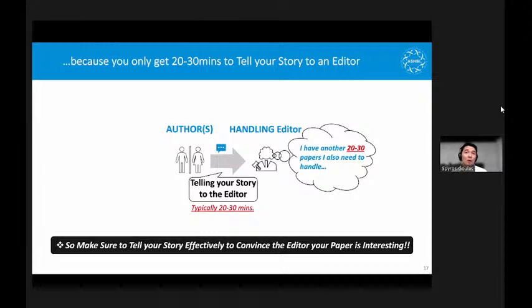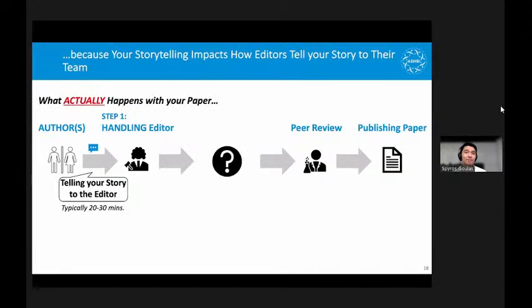Now, what if I told you that this is only actually half of the story? In fact, what if I tell you that this is typically a two-step process when a paper is submitted? This additional step occurs between an editor receiving your paper and making a decision on your paper.